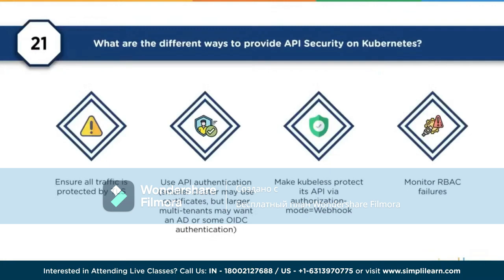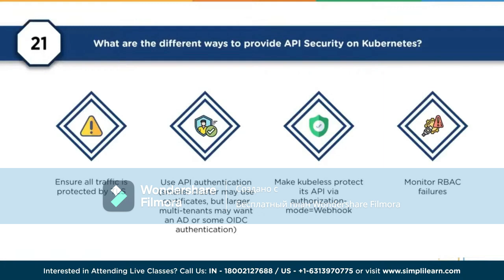And so what we're going to do now is address some of the key ways in which you can provide API security on Kubernetes, and we have 8 of those. The first is implementing TLS for your security. The second would be API authentication. The third is to make the kubelet protected via the authorization mode equals webhook command.